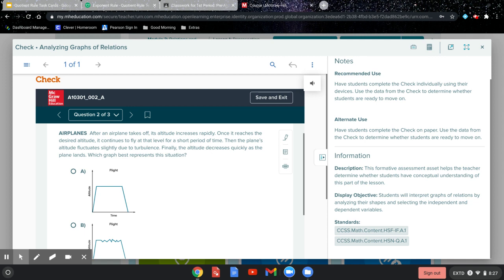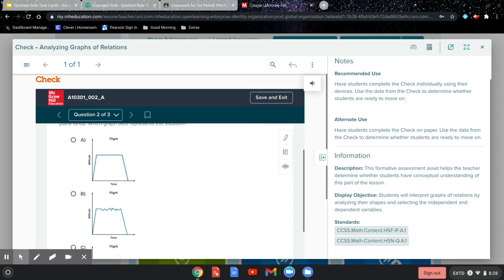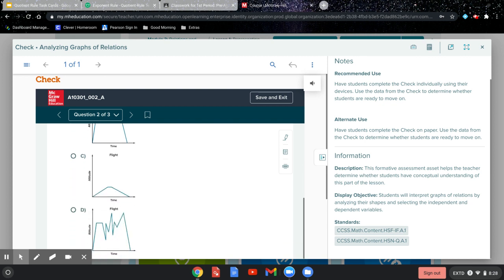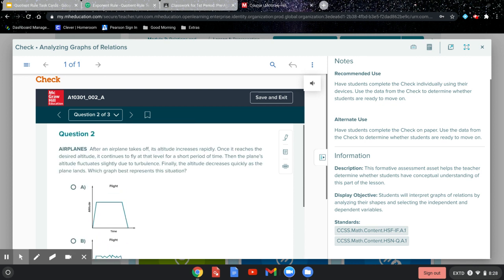Finally, the altitude decreases quickly as the plane lands. Which graph best represents the situation? So we have A, B, C, or D. Which one would best represent that scenario right there?